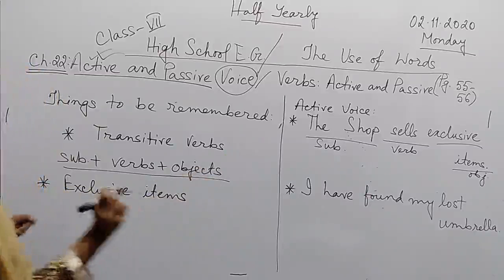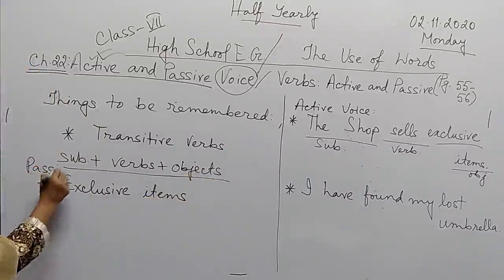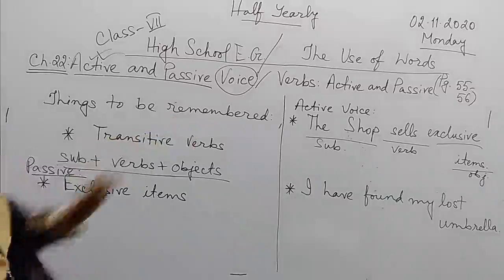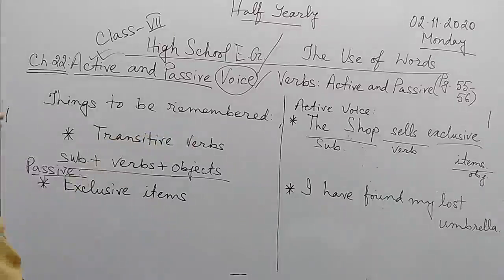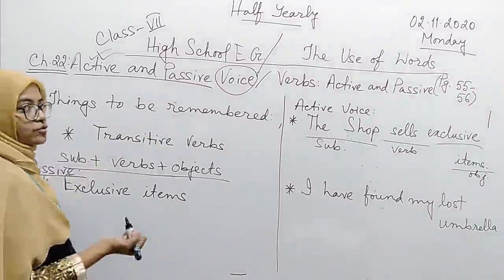Remember that we are writing the passive form now, the passive form of the first sentence: exclusive items. After that, what do we have to do?